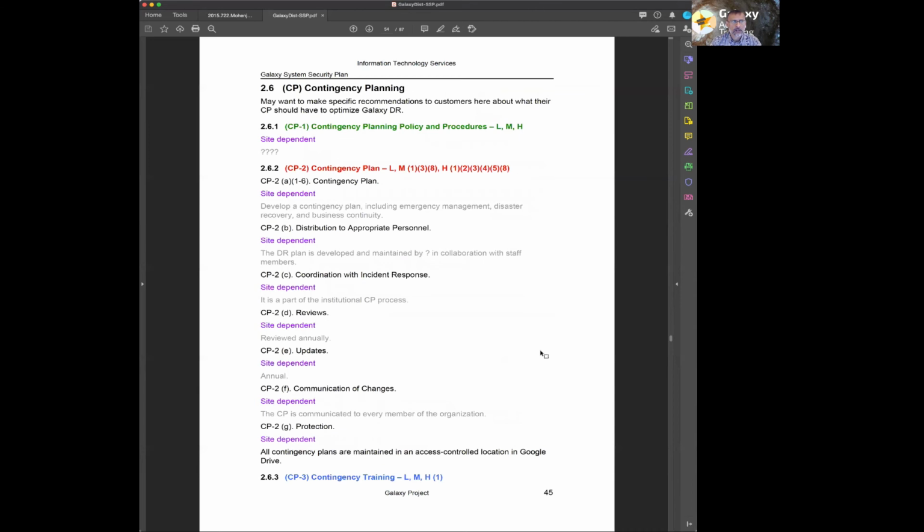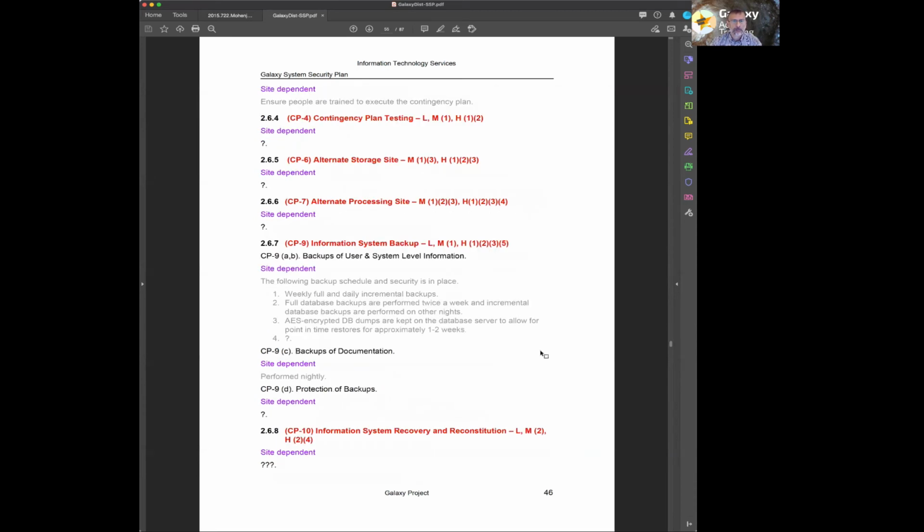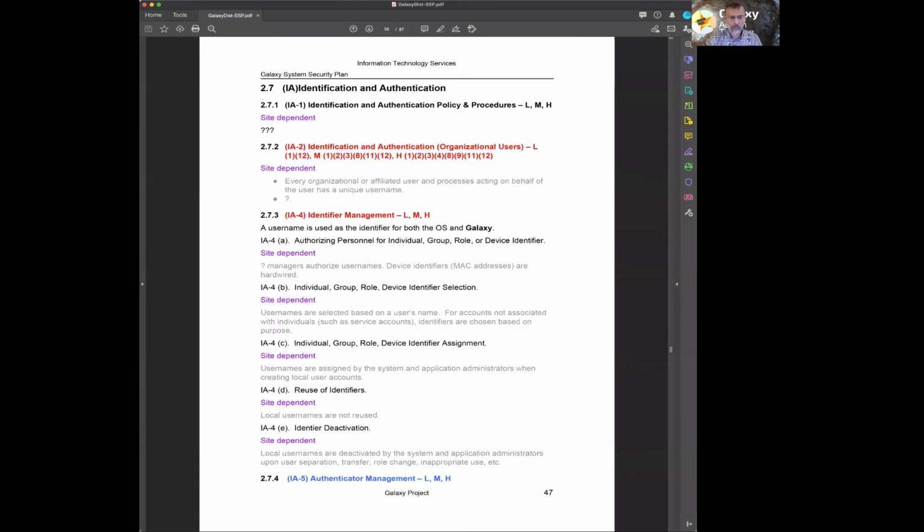Contingency planning, this is disaster recovery, is a requirement in HIPAA, so you have to have that documented plan in place. There's also testing, so you have annual, for example, some sort of a tabletop exercise. Backups are part of it, so you have to make sure that protected health information can be recovered.